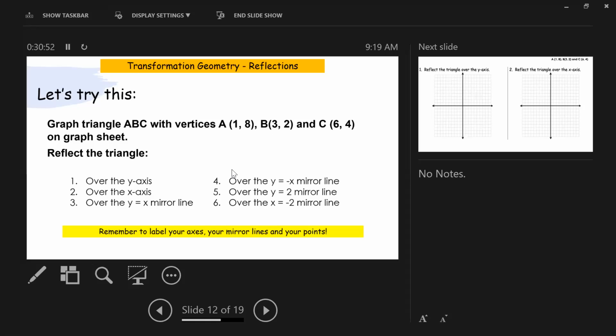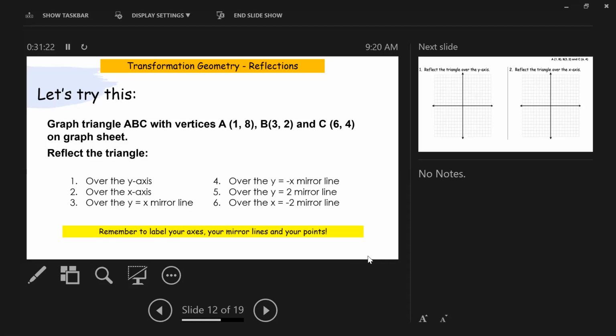So the diagonal will be going from the positive side on the x-axis to the negative side on the x-axis. So it will be going in this direction. Whereas the other one, the line y equals negative x, would be going the other direction. So it will be starting from the negative side on the x-axis to the positive side on the x-axis.